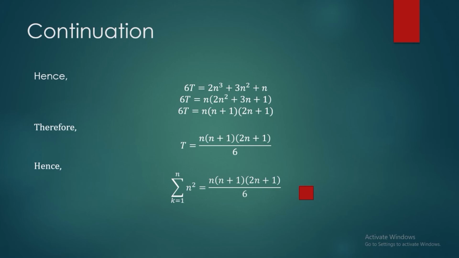Therefore we have t equals n times (n plus 1) times (2n plus 1) divided by 6, which is our required sum. So at last we have the sum from k equals 1 to n of k squared equals n times (n plus 1) times (2n plus 1) divided by 6, as desired.